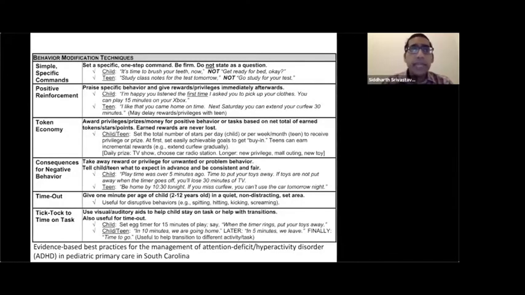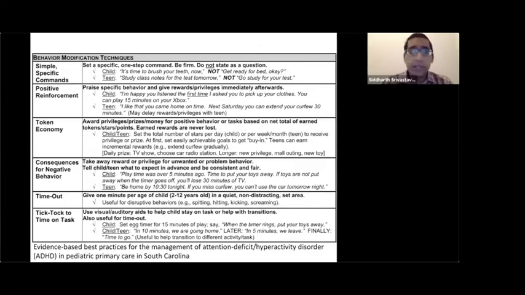There are also some behavioral modification techniques that may be helpful. I'll go through each of these briefly as well. This includes things like using simple, specific commands that are one step, not multi-step, and not stated as a question. Using positive reinforcement, for example, giving rewards for good behavior immediately after the behavior, not after a delayed period of time.